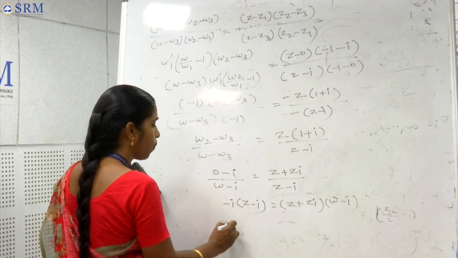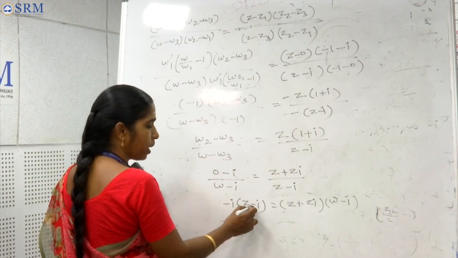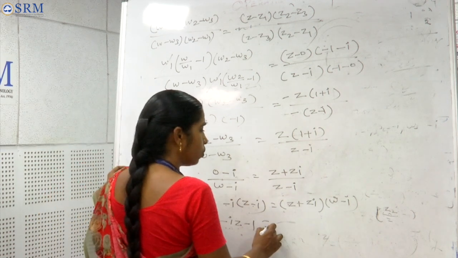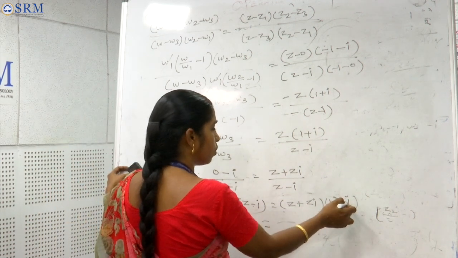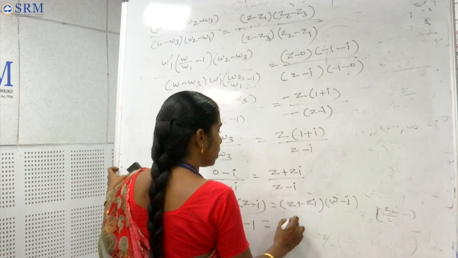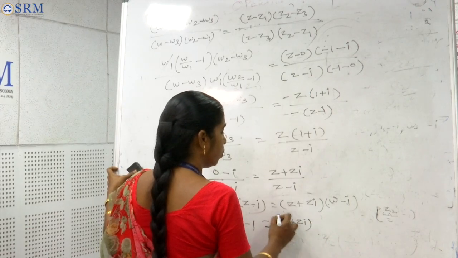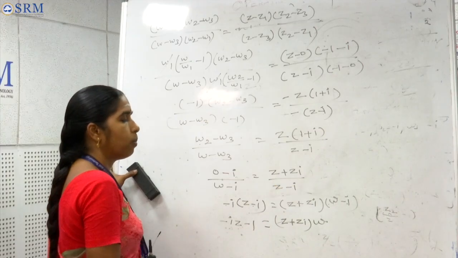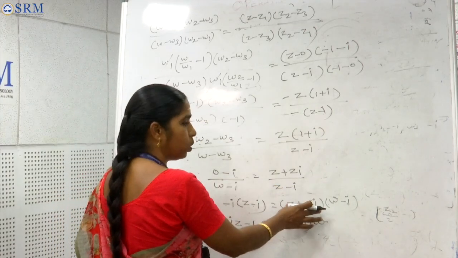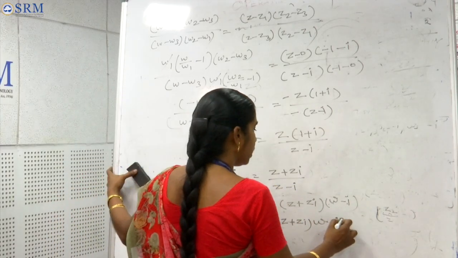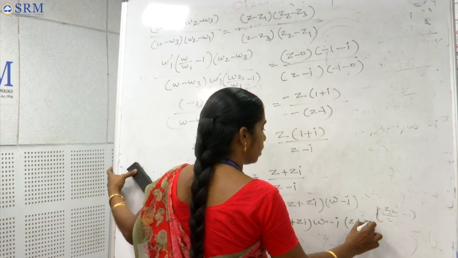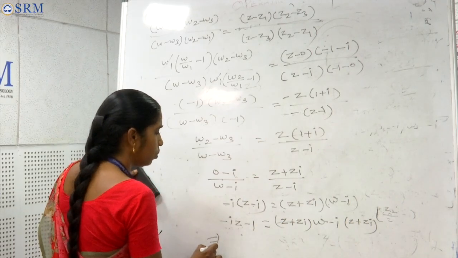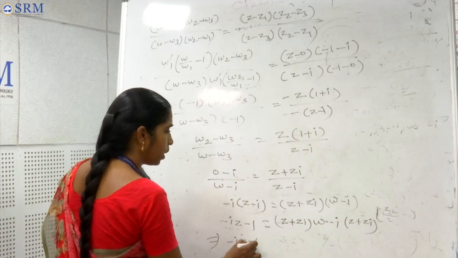So minus I is Z, minus into minus is plus, I squared is minus 1, so minus 1 is equal to this term into W. So (Z plus Zi) into W. No need to split up. I collected W equal to the remaining part, so W is the whole term. Minus I into Z plus Zi. So this one is equal to minus IZ minus 1.